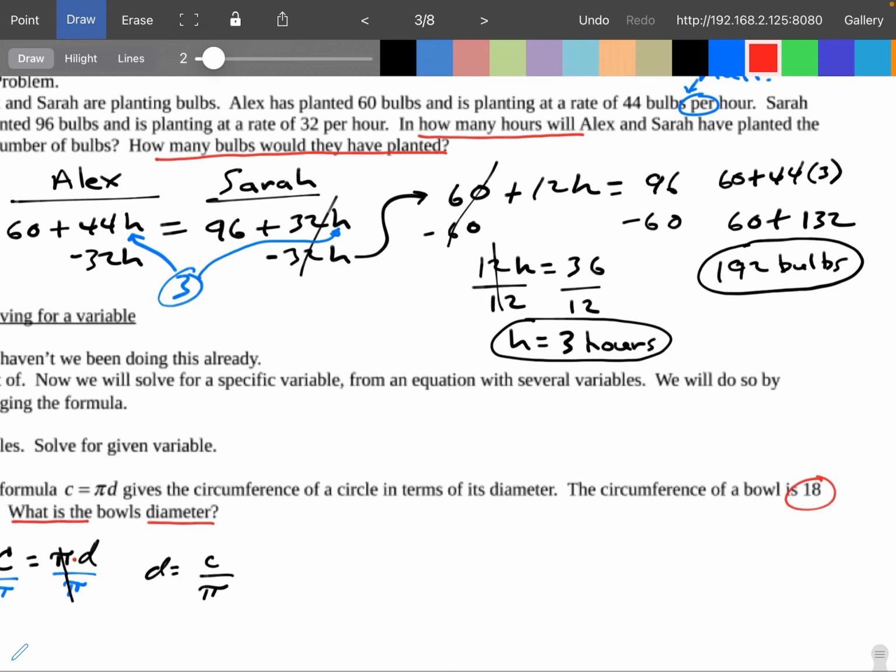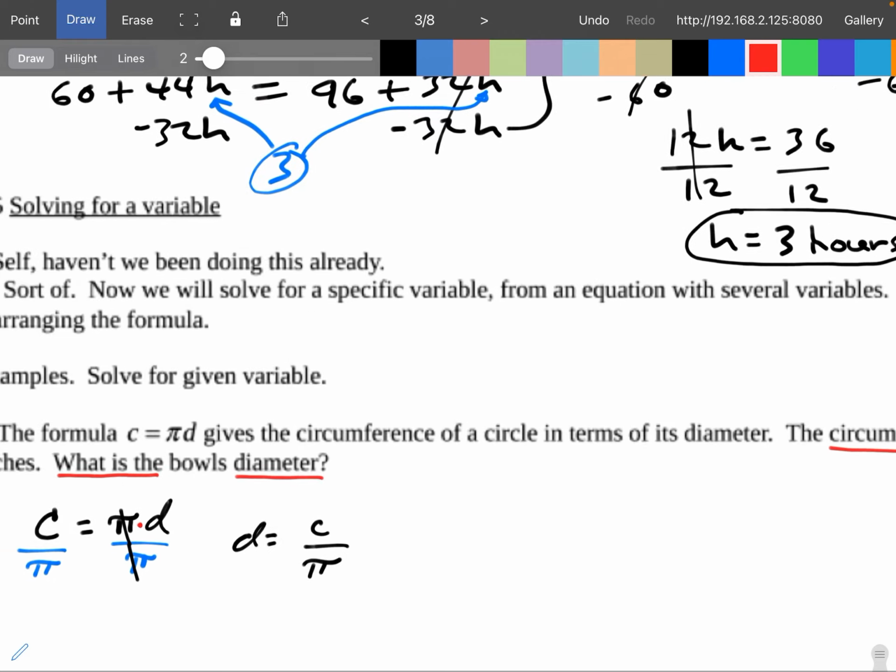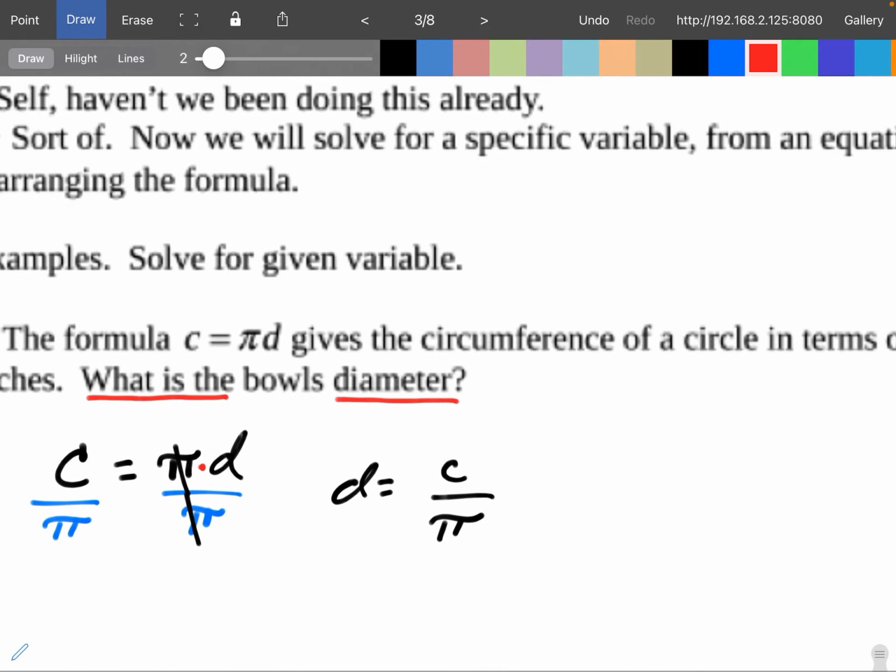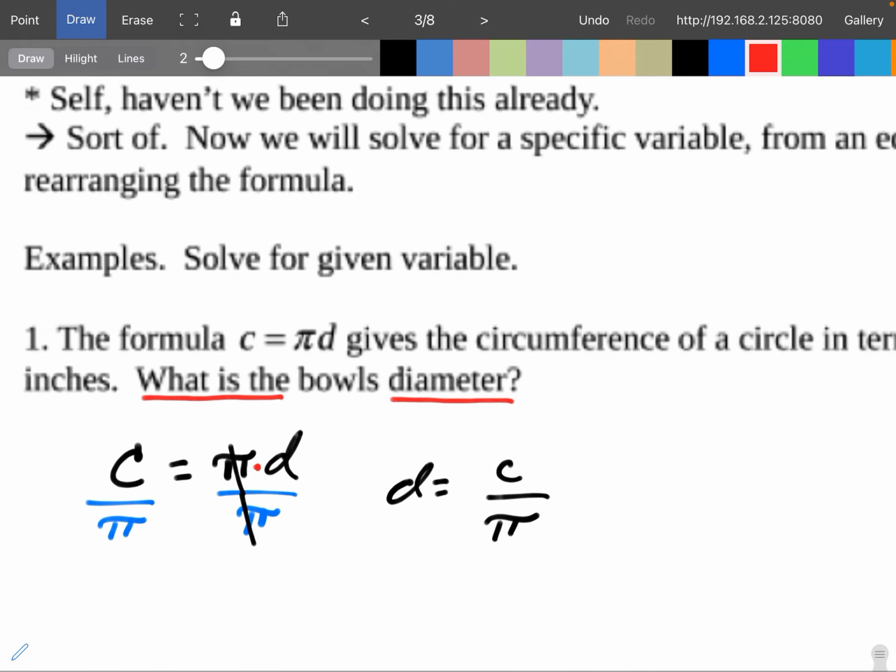So they want us to plug that in for the C. I guess I could have underlined it. It says the circumference is 18, so plug that in for C. Right here, you're going to put in 18 for C.